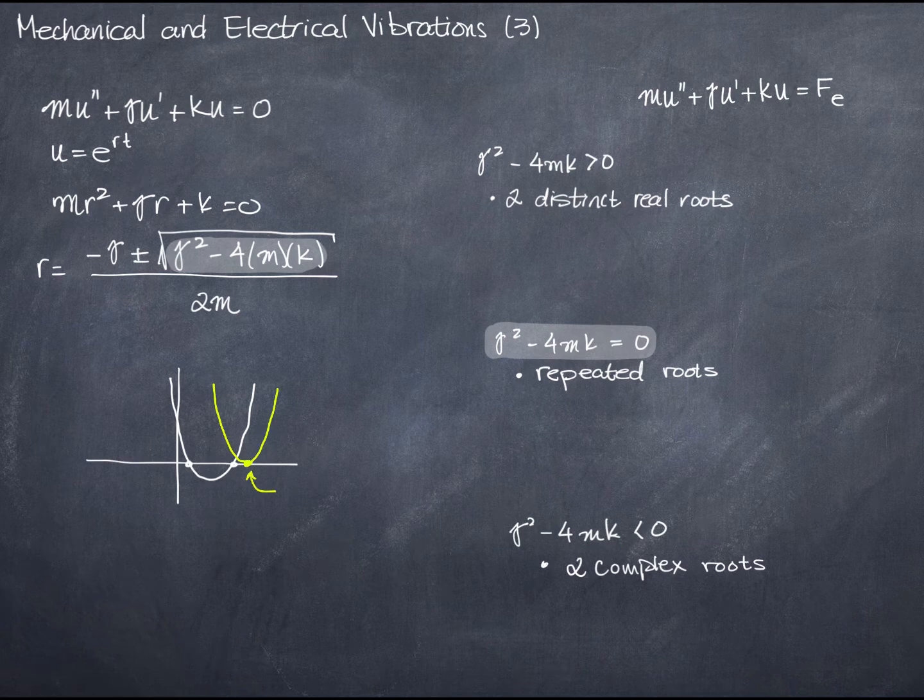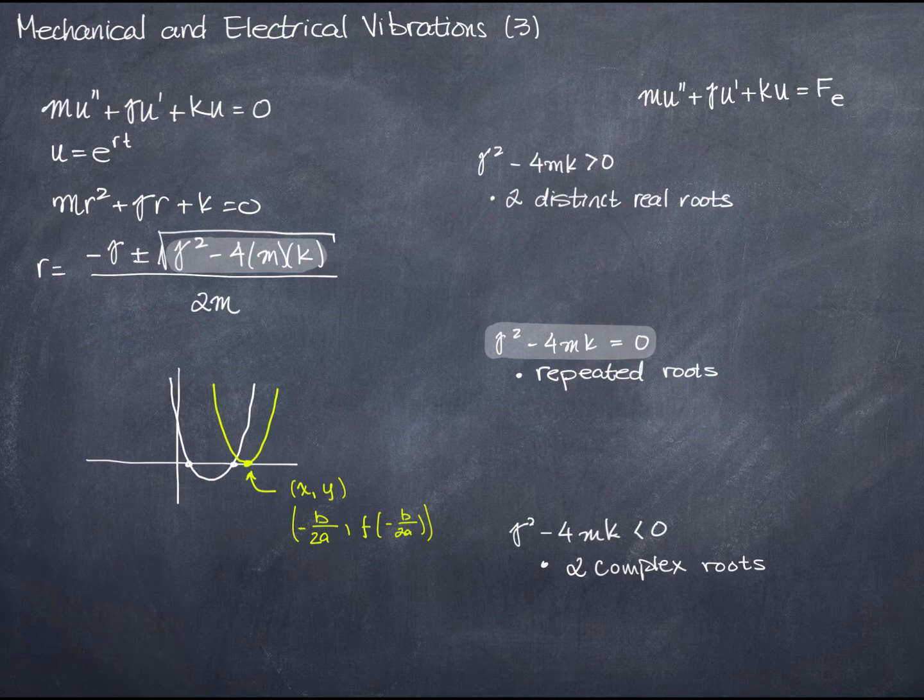That's the repeated root. And I don't know if you'll remember this from algebra, but the x-coordinate of that point can be computed with negative b over 2a. And then, of course, the y-coordinate would be what you get when you plug that in. But I'm really not interested in that. I'm interested in the r values that make this true. So I'm interested in the r value, which is my input value, and so that's my negative b over 2a.